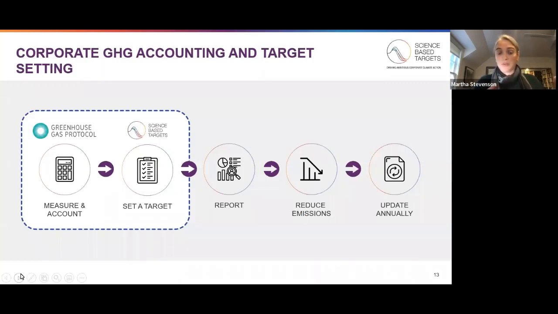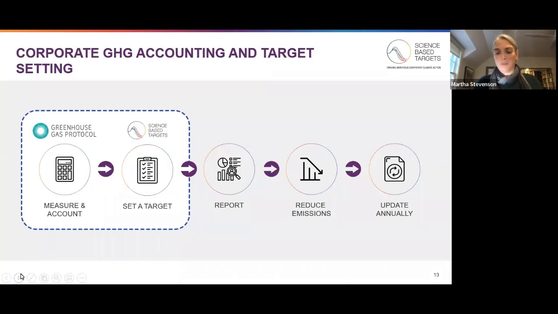Then after a company knows where it's starting from, what its baseline is, it would use tools from the Science Based Targets Initiative to set an ambitious target that would be in line with 1.5 degree futures. After setting their target, companies should disclose both their inventory and their target on platforms like CDP or in their corporate social responsibility report, making sure that information is transparent so we as a community can work on this together and hold each other accountable.